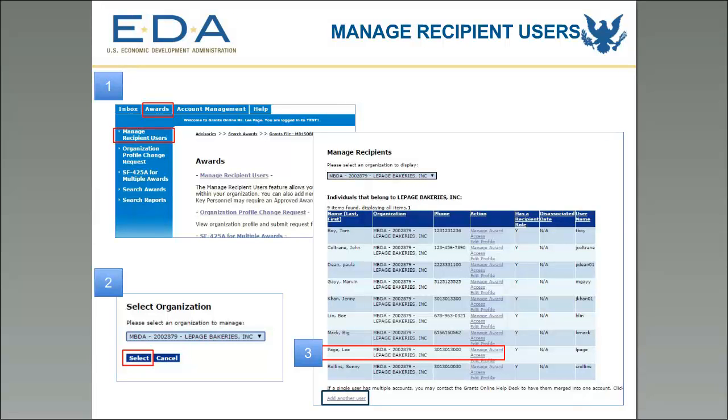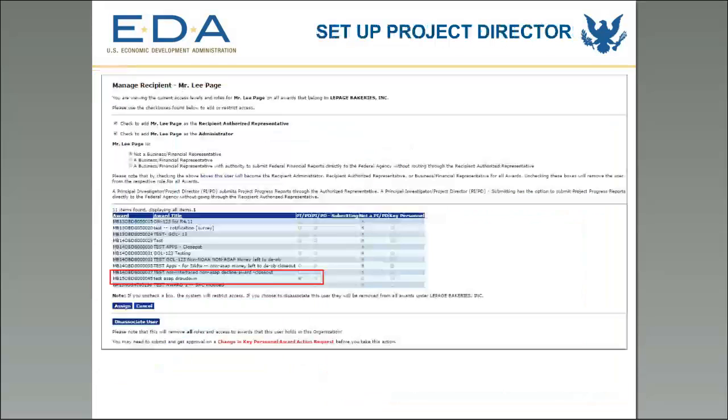When you click the Manage Award Access link, it will bring you to this Manage Recipient page with that person's name at the top. From this page, you can check or uncheck the box next to the authorized representative permissions to make that person an authorized representative or to take away those permissions. Similarly, you can check or uncheck the box to make this person an administrator or take away those permissions.